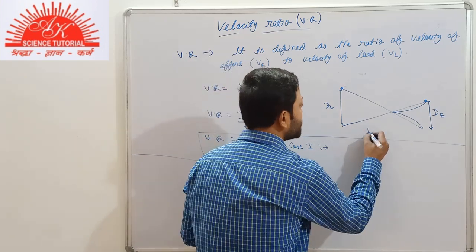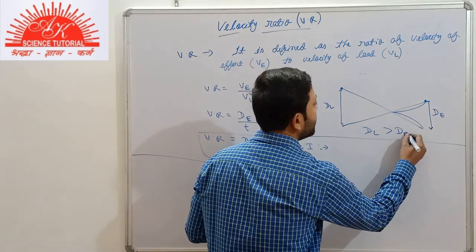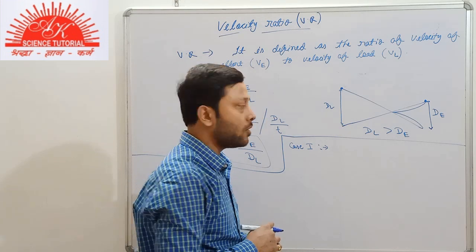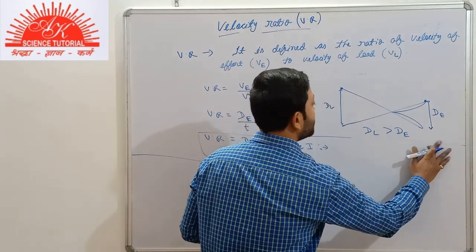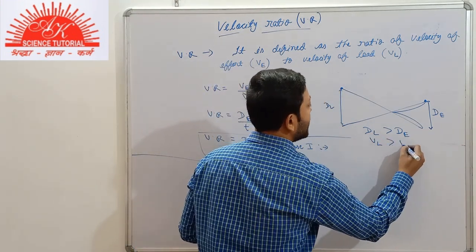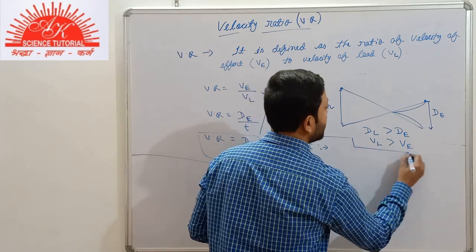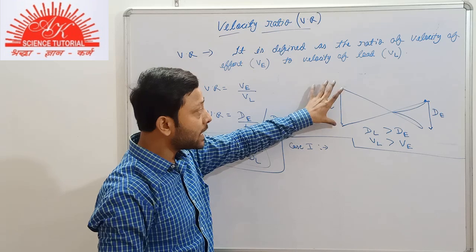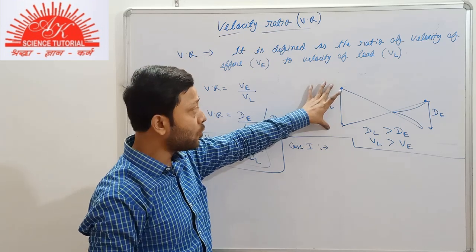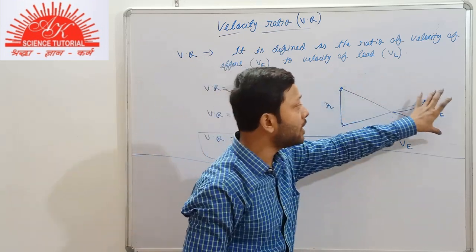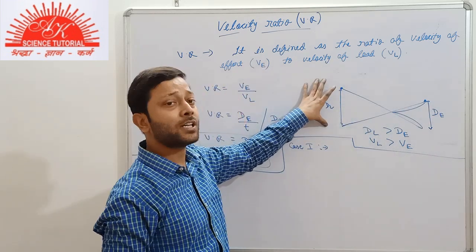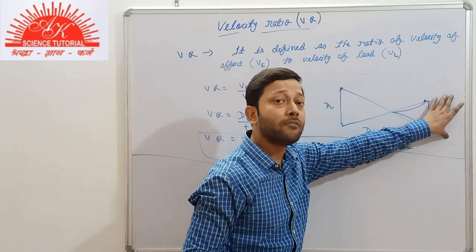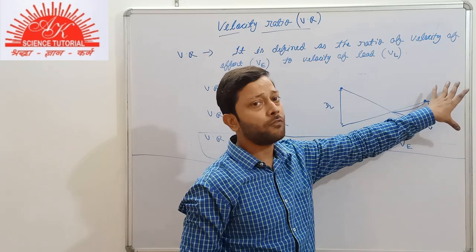That the displacement of load was greater than the displacement of effort, or we can also state that VL is greater than VE. We have done this earlier. That is, the load moves at a faster rate than the point of application of effort does.